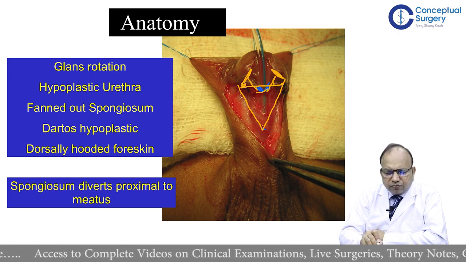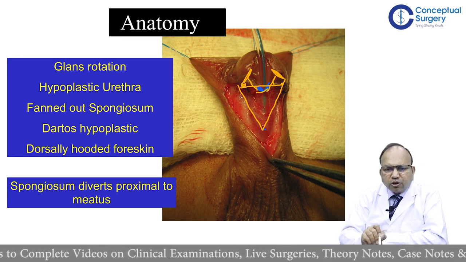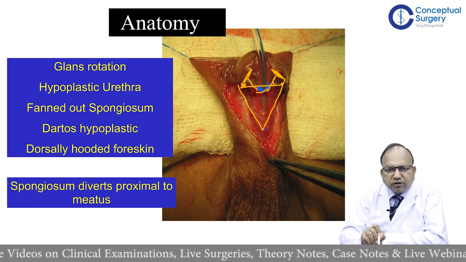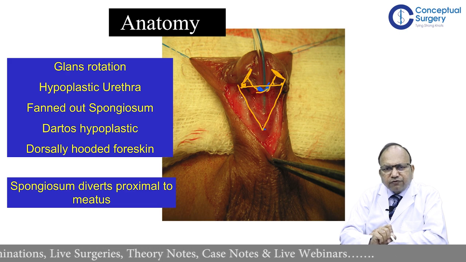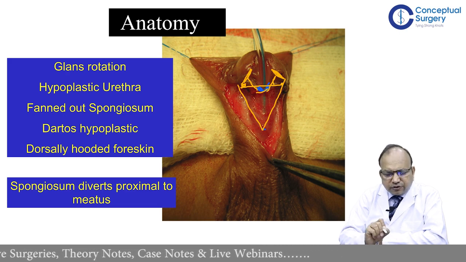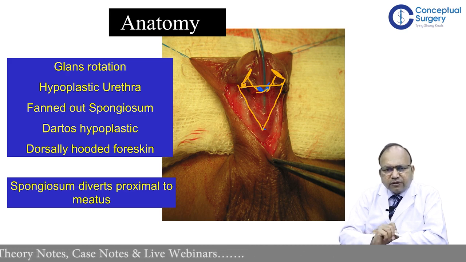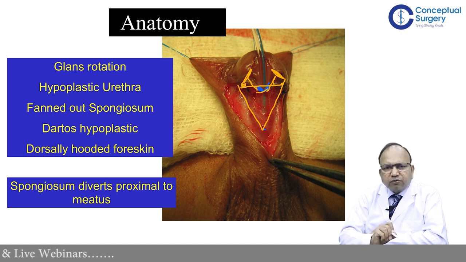And this glans is always rotated downwards, outwards and laterally in all hypospadias. The degree of this rotation will vary from person to person, and you can judge it just by looking at the glans of that particular child. This aspect is very important when you come to consider the design for the operation on a given patient of hypospadias.